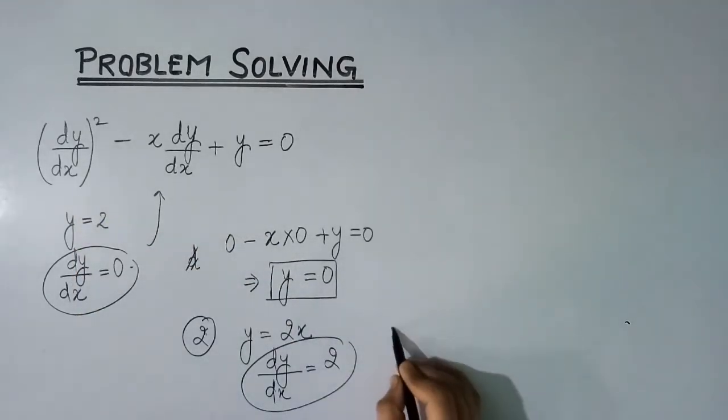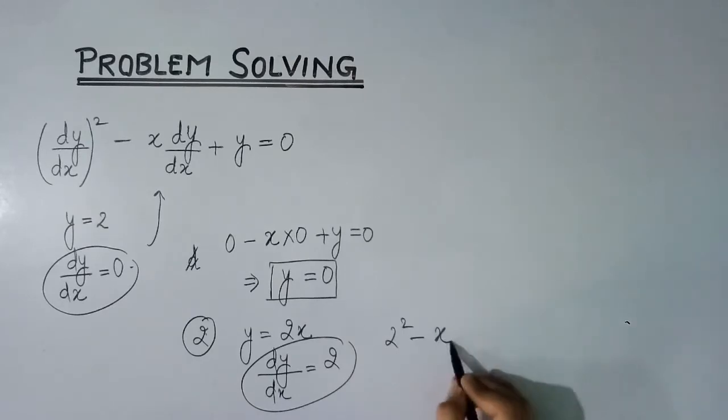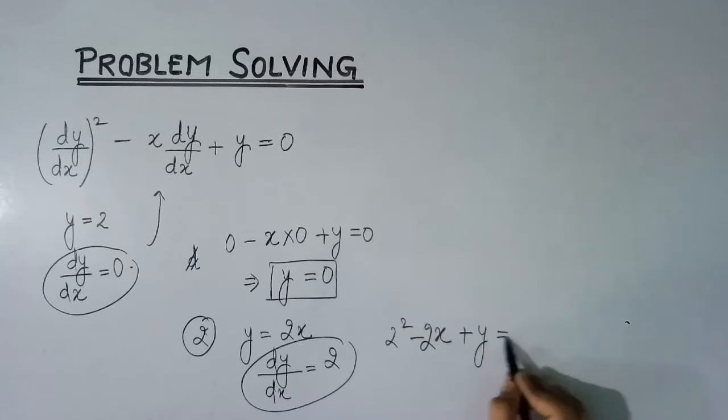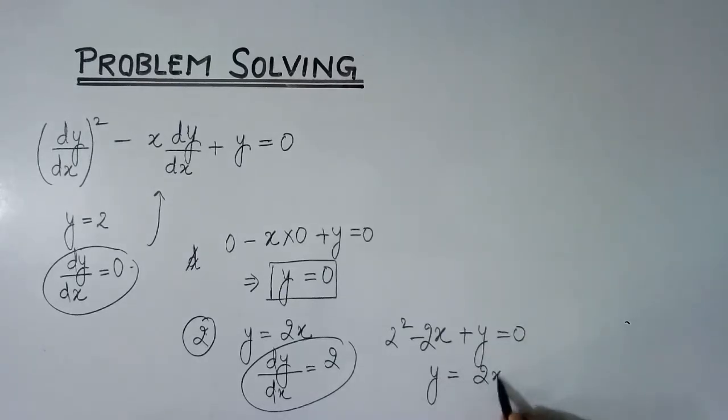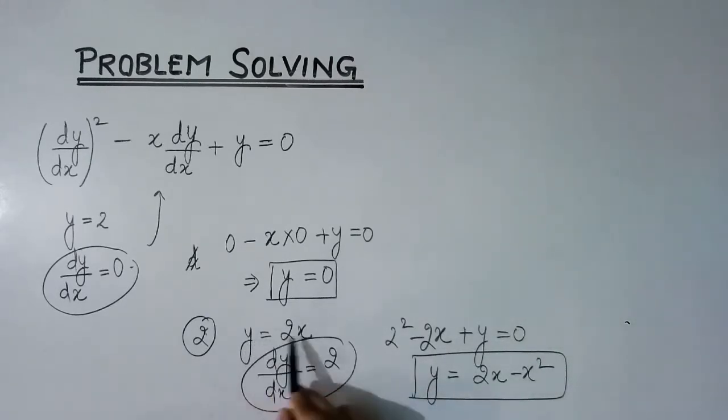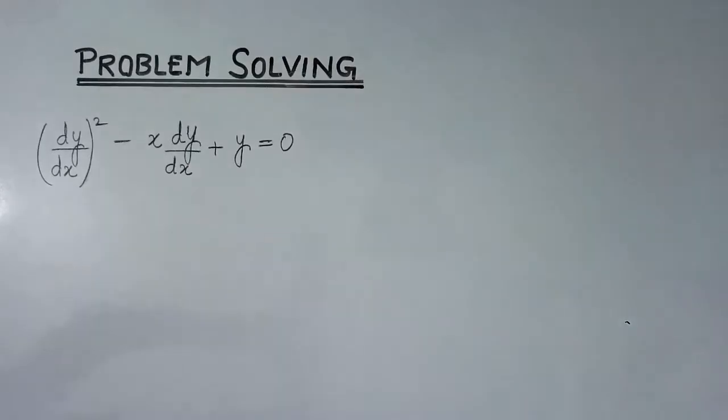We will get 2 square minus x into 2, so this will give 2x plus y. So here y is equal to 2x minus x square, but the option gives y is equal to 2x, so this will also not satisfy the equation.